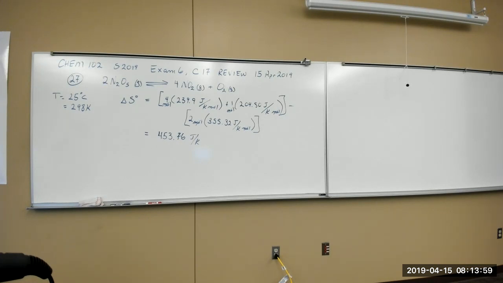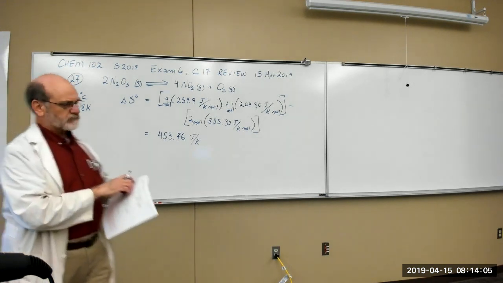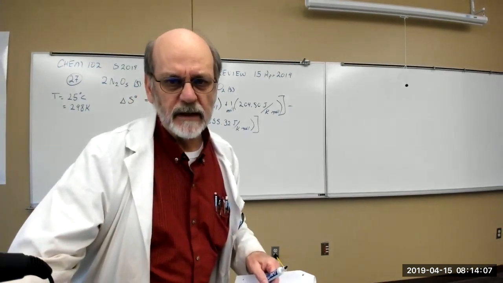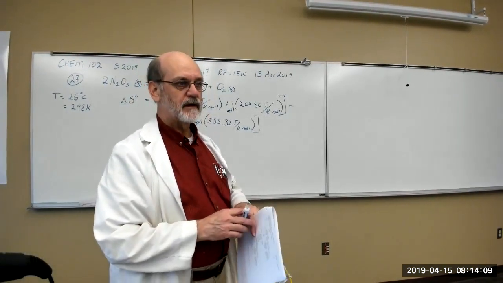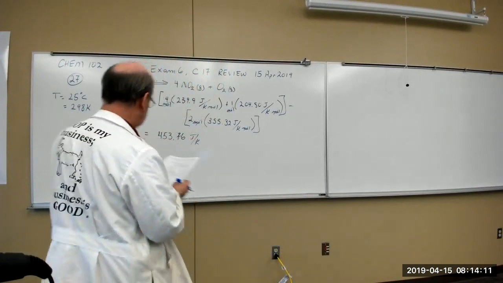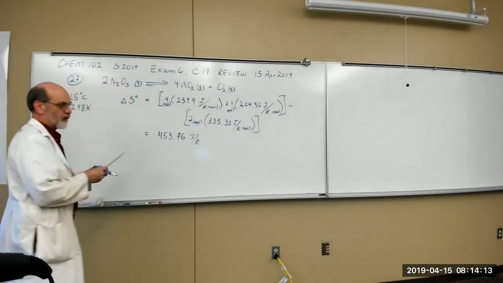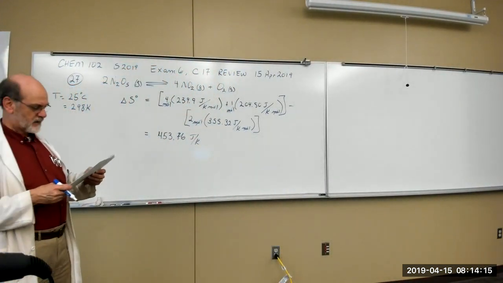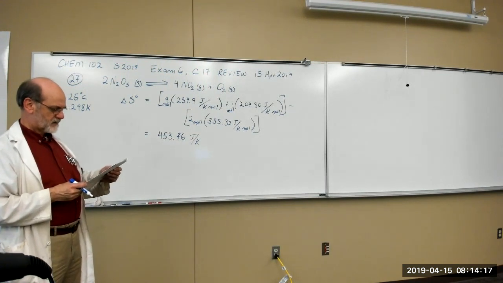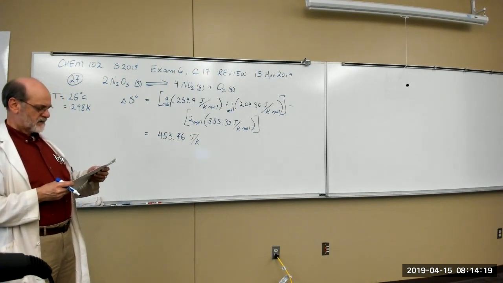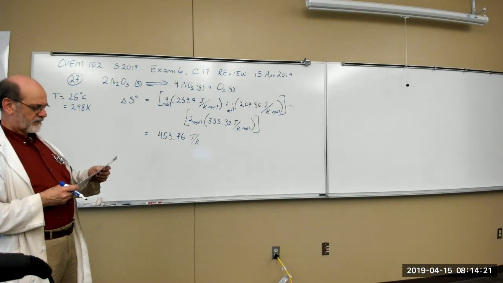Delta G. Okay, this one is a little more involved. For 27, the delta H, is this the change in heat? That's enthalpy, yes. So we just calculated the change in enthalpy just using the entropy?